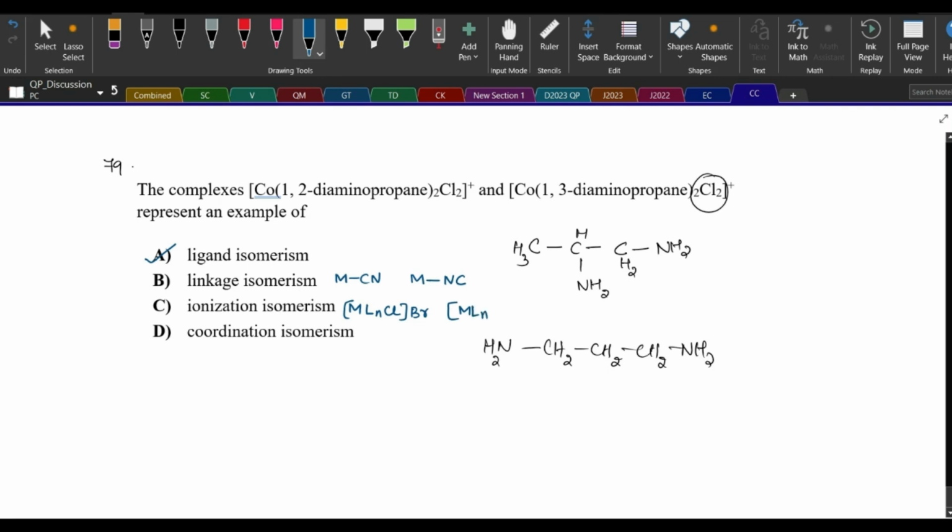And ionization isomerism means, let's say this bromine comes in and the chlorine goes out. So what has happened? നിങ്ങൾ ഈ രണ്ട് coordination complexes നെ വെള്ളത്തിൽ dissolve ചെയ്യിക്കുകയാണെങ്കിൽ the ions that it will be generating is different. This is ionization isomerism.